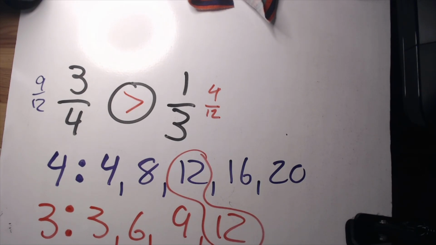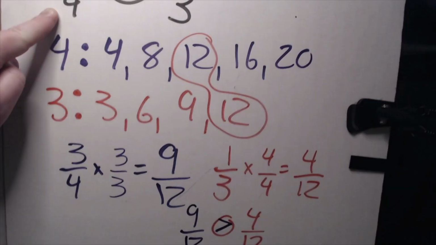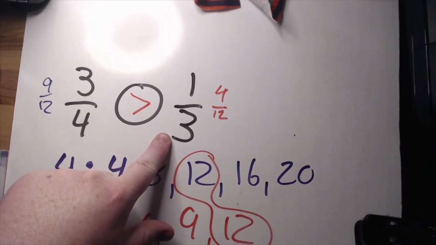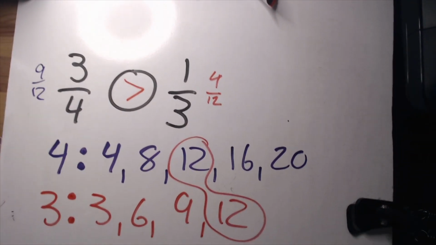Now, if you'll notice something here, one last thing I want to point out before we go ahead and end this video is our numbers that we multiplied with were actually both the denominators. So we multiplied 3/4 times this denominator, which was 3, and we multiplied 1/3 times 4, which was this denominator.